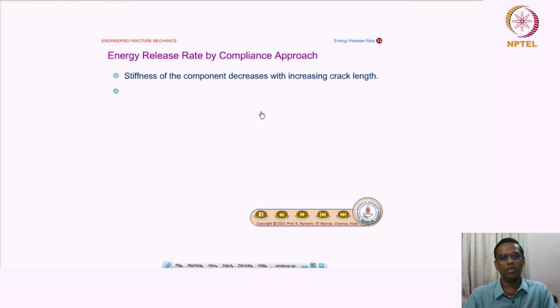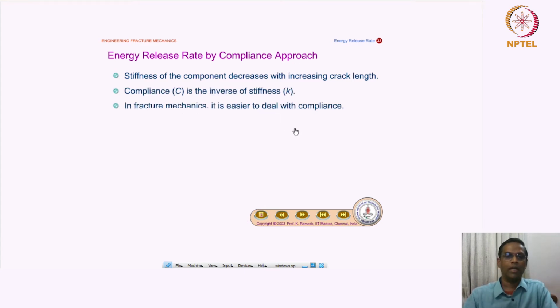So just to have an idea about what this is: stiffness of the component decreases with increasing crack length. This we have seen. Compliance is the inverse of stiffness, K. Okay, this also we know. In fracture mechanics, it is easier to deal with compliance.